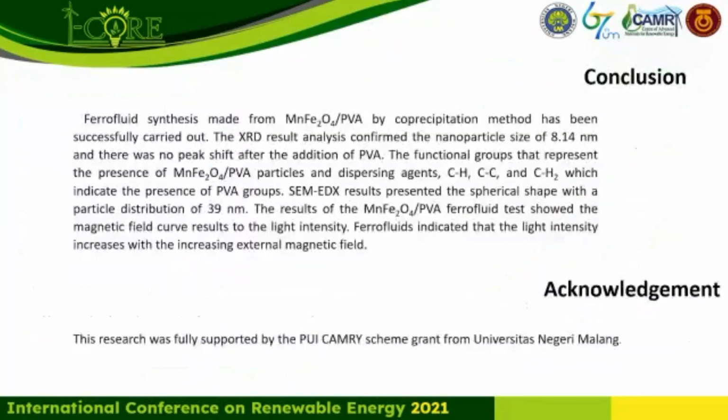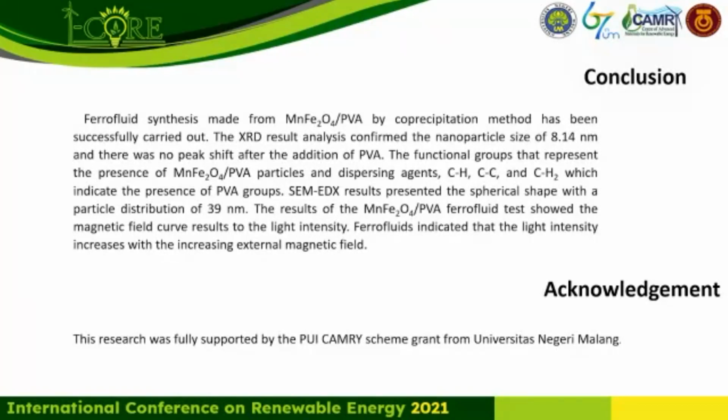The XRD result analysis confirms the nanoparticle size of 8.14 nanometers. The functional groups present in the manganese ferrite PVA nanoparticle are carbon-hydroxyl and carbon-carbon alkyl, indicating the presence of the PVA group.